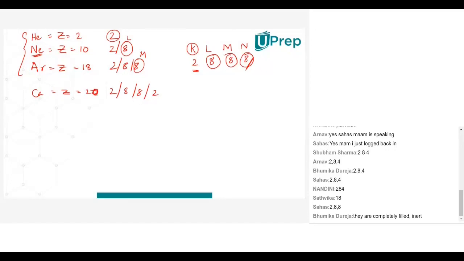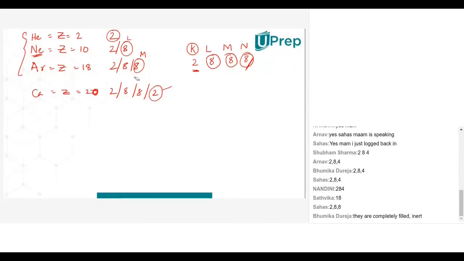We know that calcium is not stable because it doesn't have 8 electrons in the outermost shell. It has 2 electrons. But my aim is to get 8 electrons in the outermost shell. So I can either get rid of these 2 electrons, or I can bring in 6 more electrons.